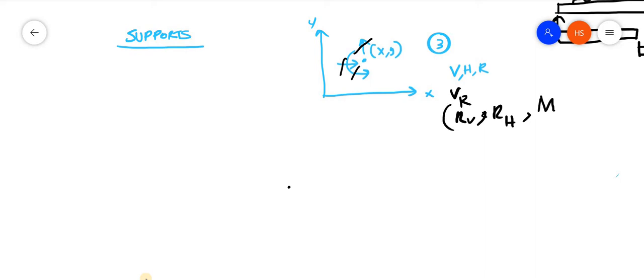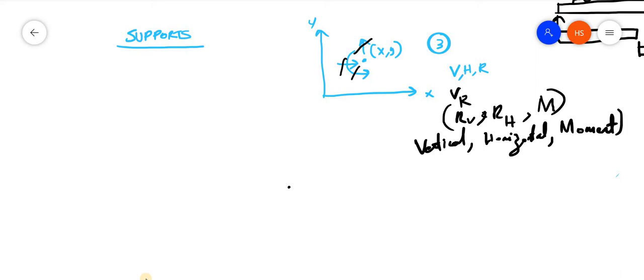So, the 3 possible reactions that can come in a two-dimensional body are a vertical reaction, a horizontal reaction, and a moment. These are the 3 possible reactions that can happen in a body.